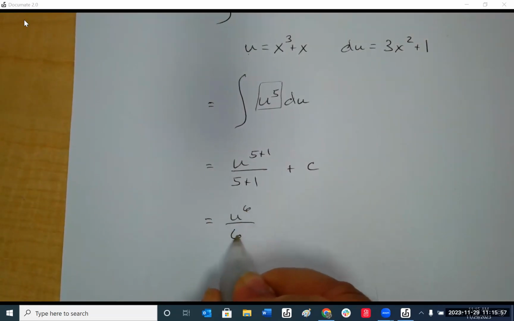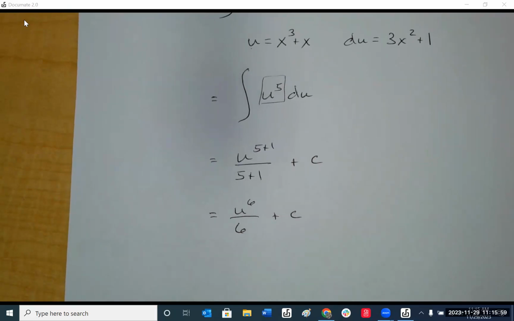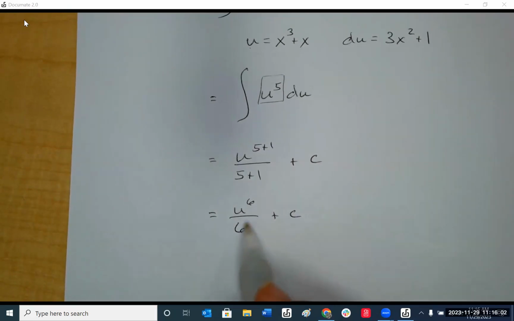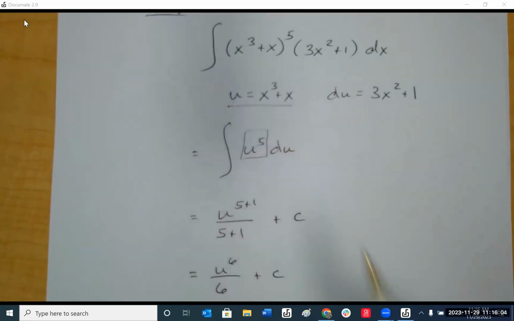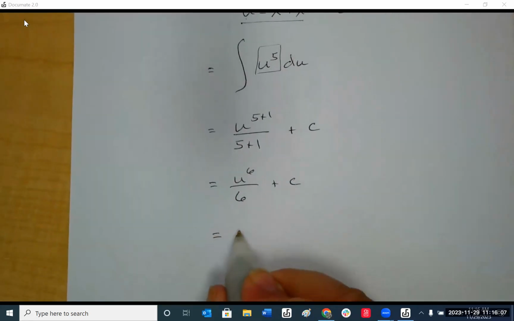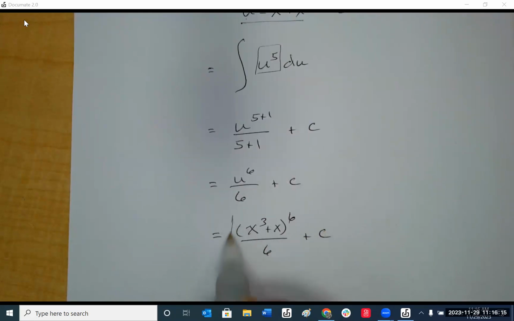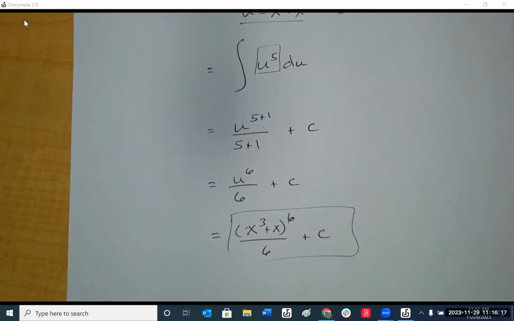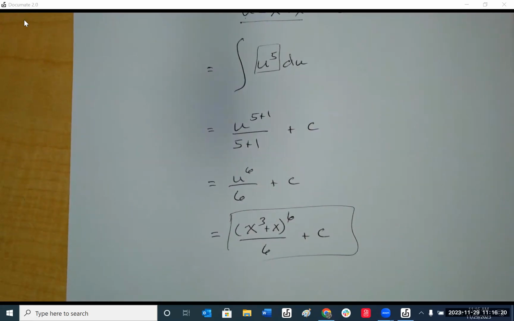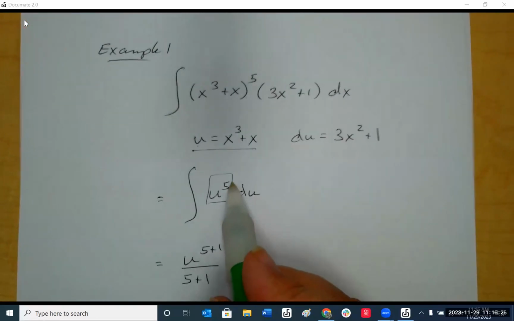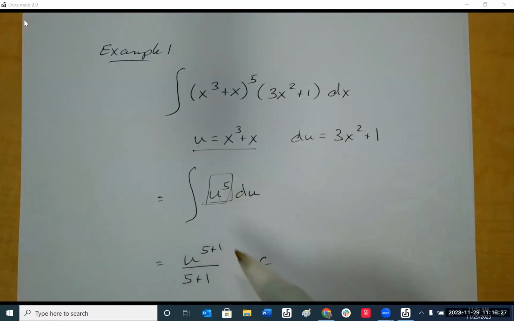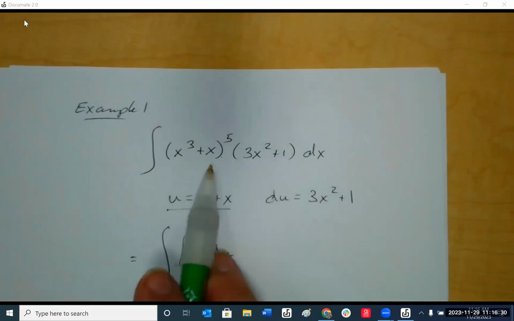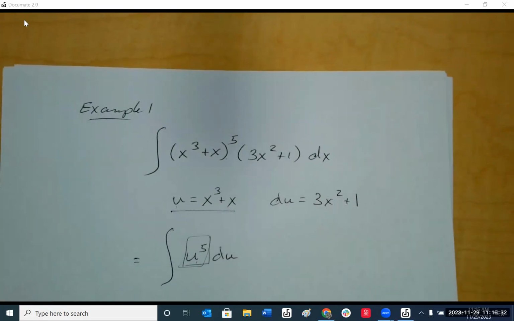Once you get this function, then we replace, since u is x cubed plus x, and we know that this is our indefinite integral. It's because we deal with a much smaller equation, there's not much moving around. However, if we did this one, then we'd have a lot more writing to do.